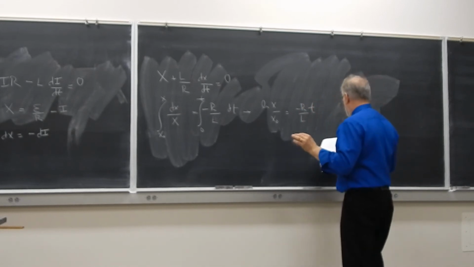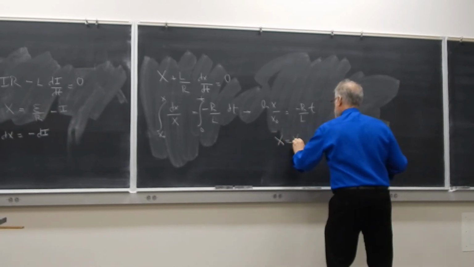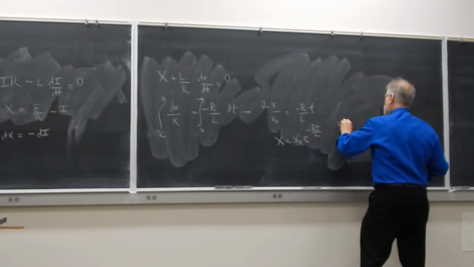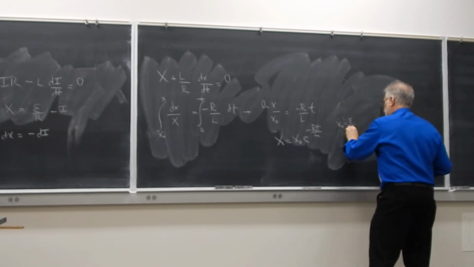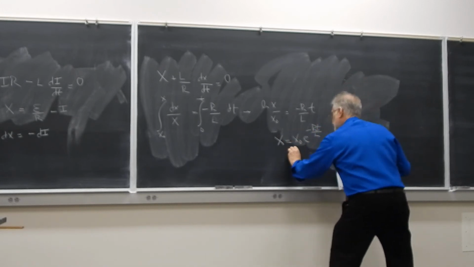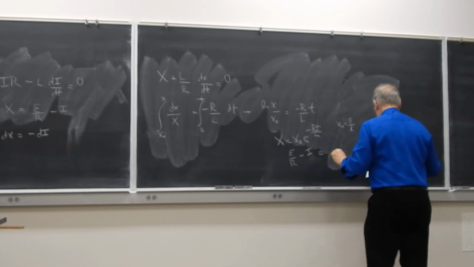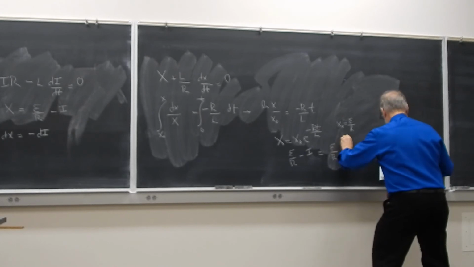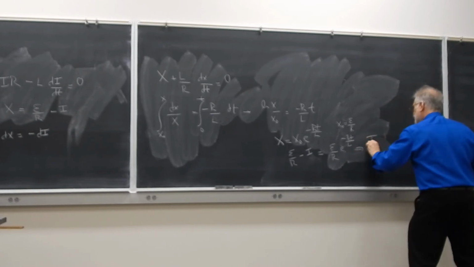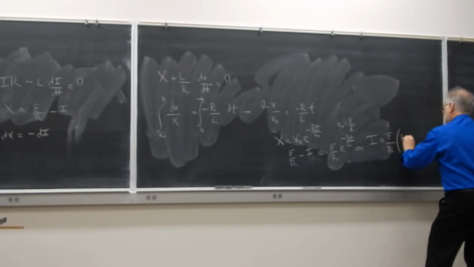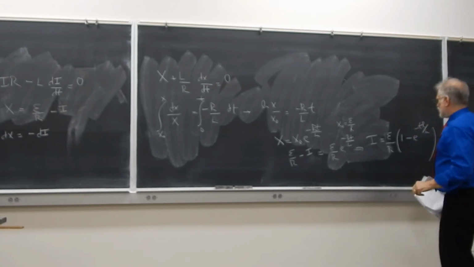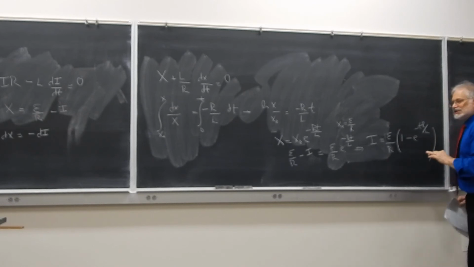I exponentiate both sides, and when I do that, I get x is equal to x naught e to the minus Rt over L, where x naught is equal to the full current, E over R. That means I can write E over R minus I as E over R times e to the minus Rt over L. And now I finally have I as a function of t as E over R times 1 minus e to the minus t times R over L. Notice, this equation looks eerily similar to a charging capacitor.